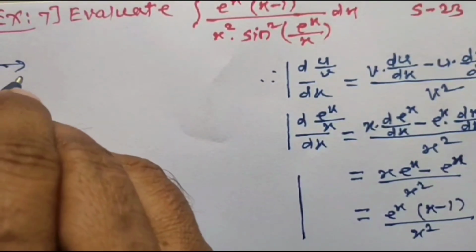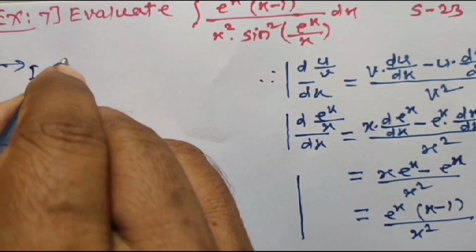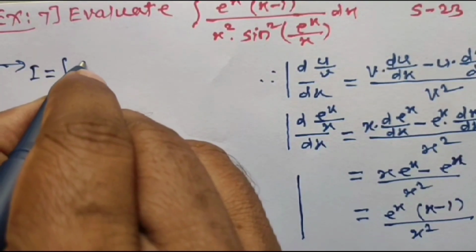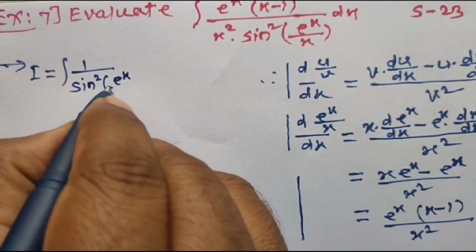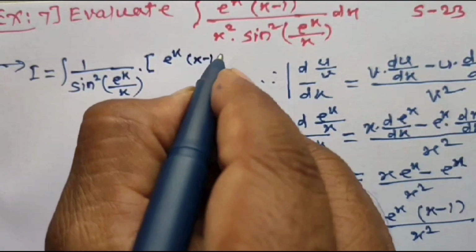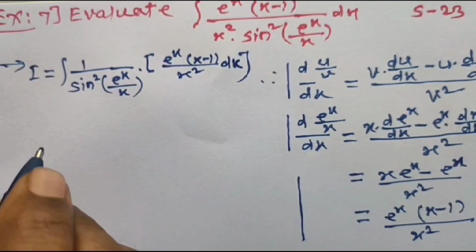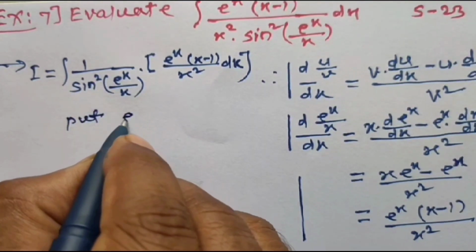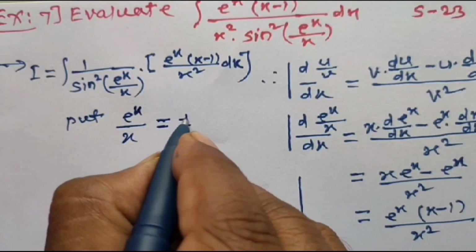So I is equal to, first of all get the integral I in standard form like this. I is equal to integral of 1 upon sin square of e to the power x upon x, into e to the power x into x minus 1 divided by x square dx. Now use substitution. e to the power x upon x is equal to a new variable t.